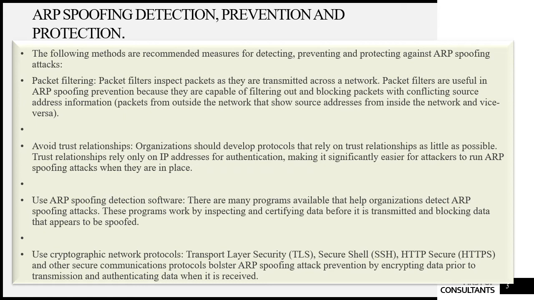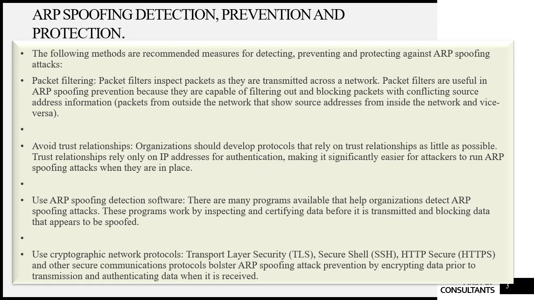Organizations should develop protocols that rely on trust relationships as little as possible. Trust relationships rely only on IP addresses for authentication, making it significantly easier for attackers to run ARP spoofing attacks when they are in place.